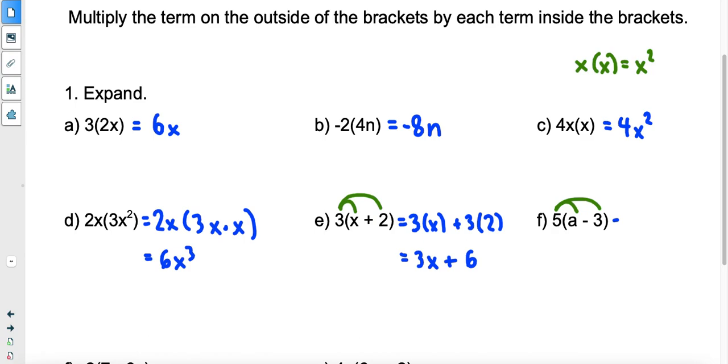And I'm going to take the 5 and multiply that by negative 3. 5 times a is just 5a. 5 times negative 3 is negative 15. And there's my answer.